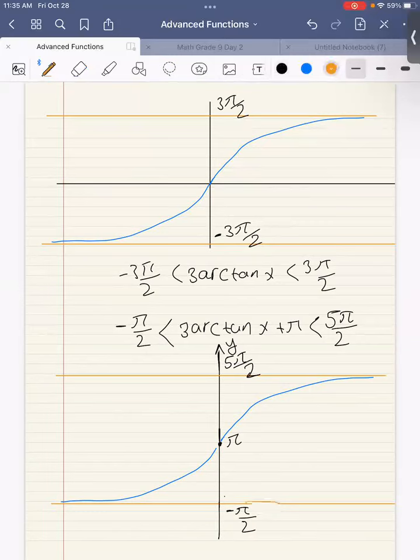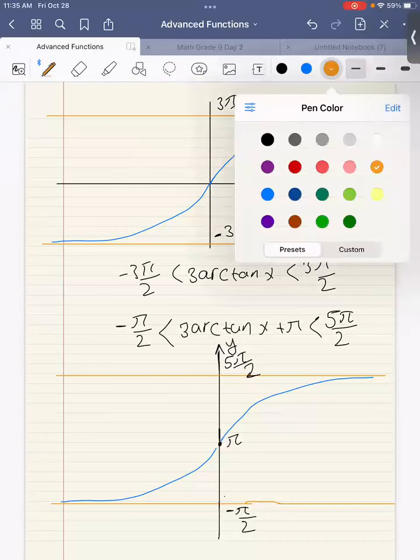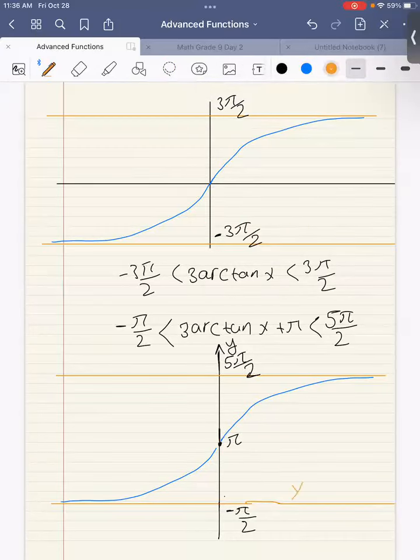So the two horizontal asymptotes are minus pi half and 5 pi half. So this is y equal to minus pi half and y equal to 5 times pi half. These are the two horizontal asymptotes. And that's the graph. And the y-intercept, which is an important point for the graph, is just the point pi. Because when x equals 0, arctangent is 0, and then you add pi, you get pi.